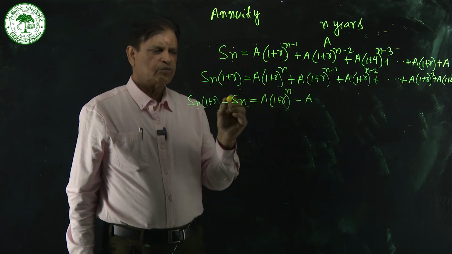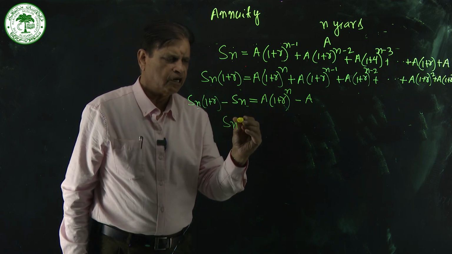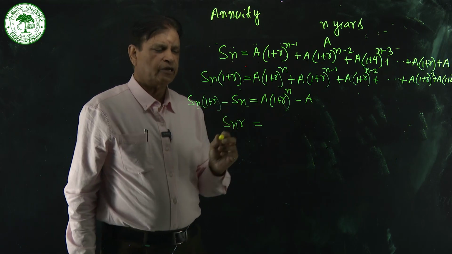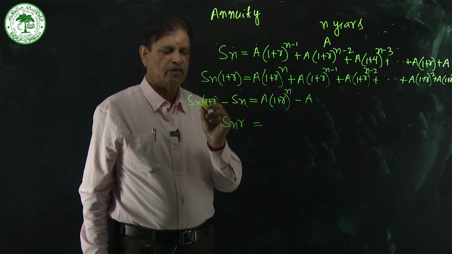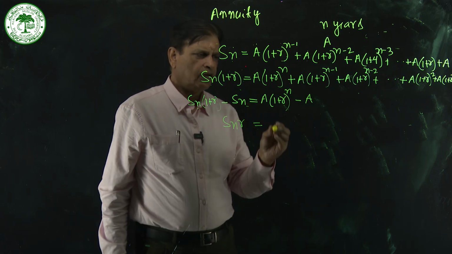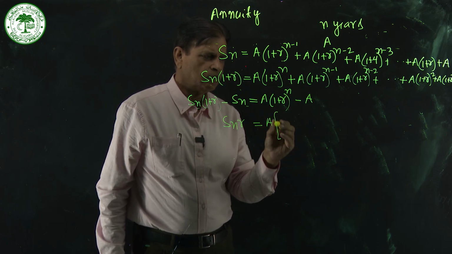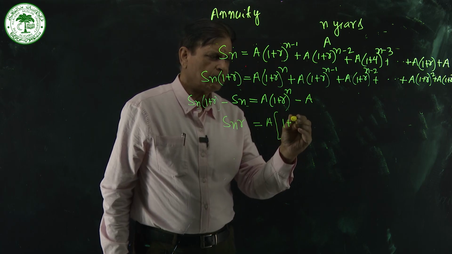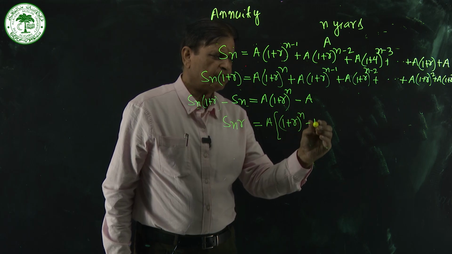When we carry out the subtraction here, we will have SnR, because if you remove the bracket, then Sn and Sn will get cancelled and you will have SnR. And here you will have A in the bracket (1 + R)^n minus 1.